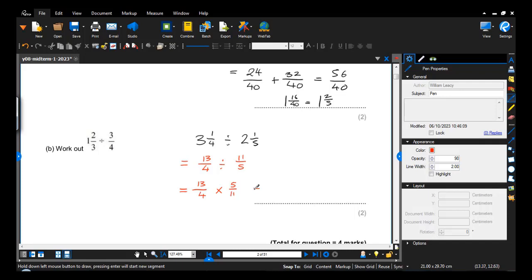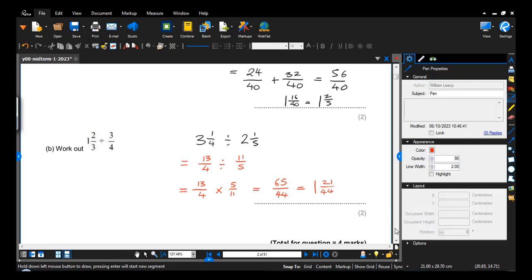So your answer is going to be 5 times 13 is 65, 4 times 11, there you go, 44. If you want this as a mixed number, it's going to be 1 and 21 over 44.